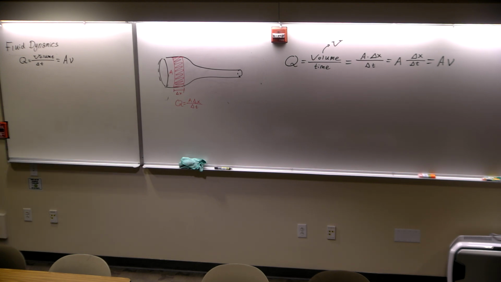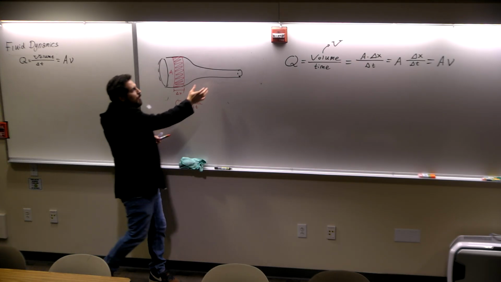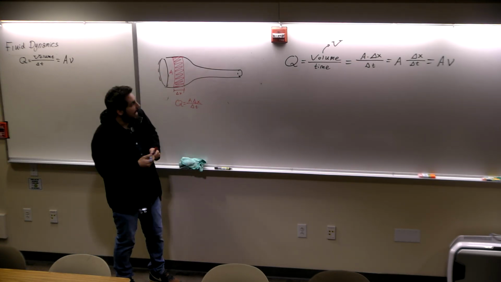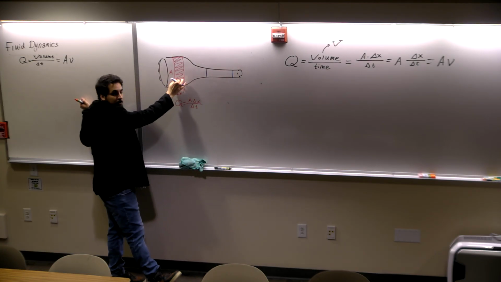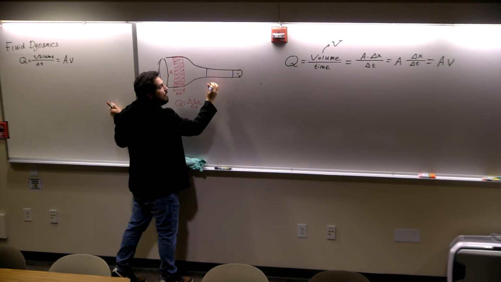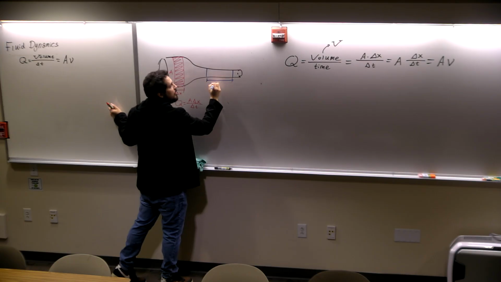No problem. But when we take a look at this fluid as it flows down the pipe, it's going to start to become constrained more and more. And for it to have the same volume in this thinner area, it's going to need a much larger delta x.